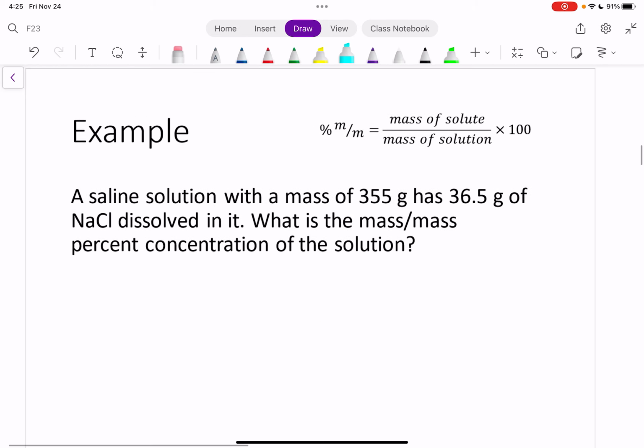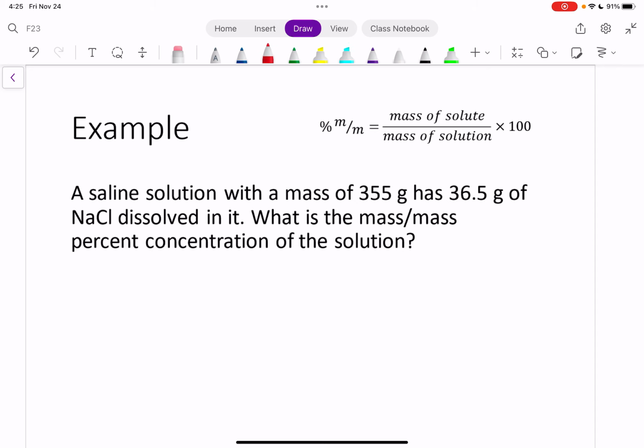Okay, so let's try this out, and it'll make a lot more sense when we try it out. So this says a saline solution with a mass of 355 grams has 36.5 grams of NaCl dissolved in it. What's the mass by mass percent concentration of the solution? All right, let's break this down a little bit. It says that we have 36.5 grams of our NaCl.